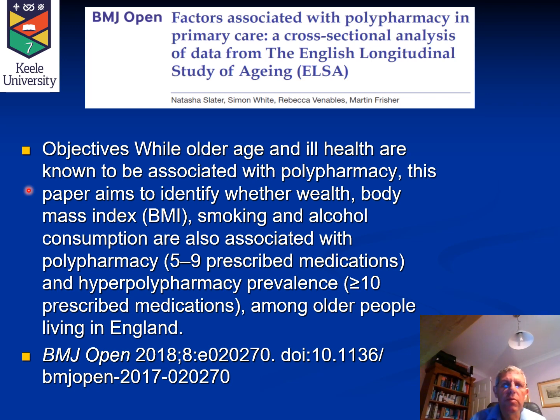What we wanted to do was see whether, apart from ill health, there are other factors such as people's wealth and behaviour, indicated by their smoking and alcohol, and also to what extent body mass index relates to polypharmacy and hyperpolypharmacy over and above people's ill health. The results of that study were published in BMJ Open in 2018.